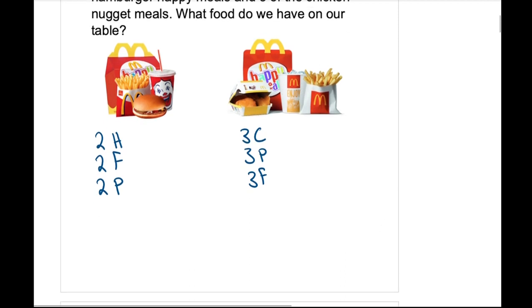And then if I want to combine them, 2 hamburgers, plus we talked about collecting like terms. So 2 French fries plus 3 French fries is 5 French fries.